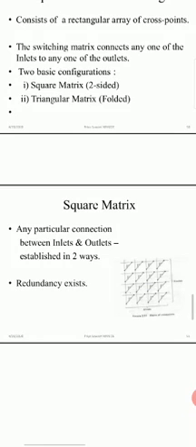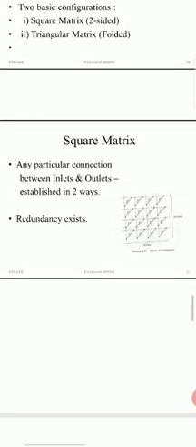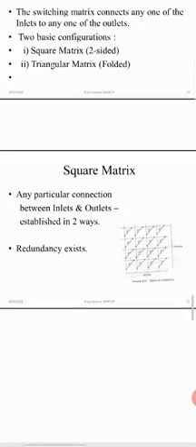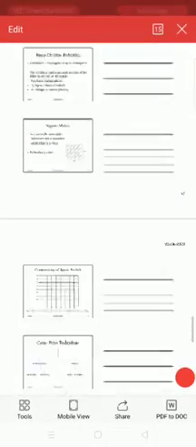If I have an inlet A and an outlet A, this A can be connected in two ways, as we have two different paths, because voice communication requires both-way connectivity. In a triangular matrix, that redundancy is removed, so it is a folded matrix, which reduces the redundancy. But for voice communication, we require a square matrix, as we need both-way communication.